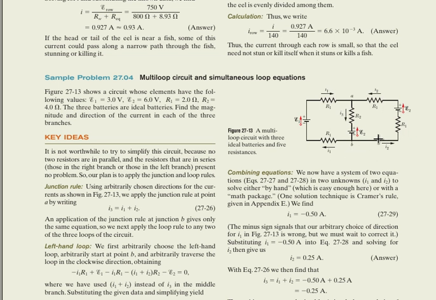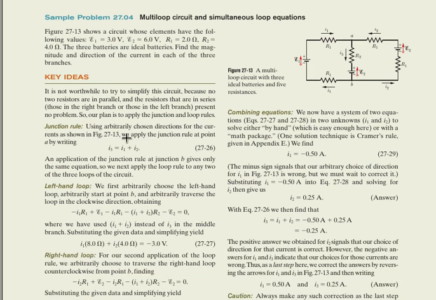There are actually 3 currents and 2 loops: I1, I2, and I3. We write them down, and now we start applying the Kirchhoff rules. You can check that I3 is I1 plus I2, at this junction A.